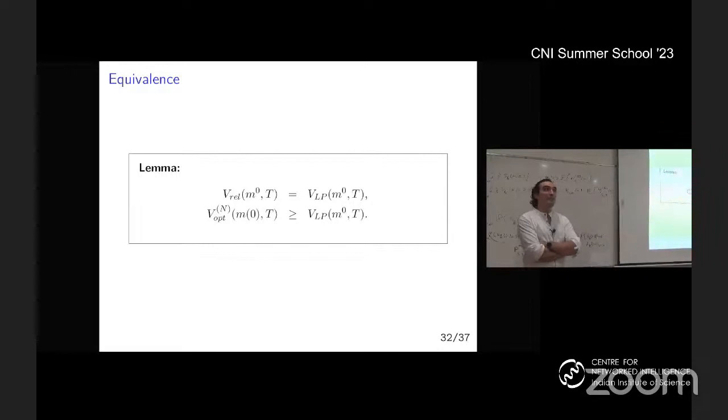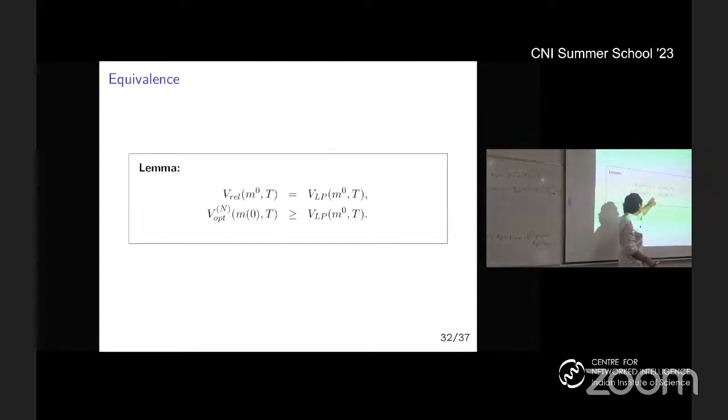Exactly. So basically, you optimize in a bigger set, and therefore you can have a better minimum, and therefore you naturally have V opt n, which is smaller than V real, right? And because V real is equal to V LP, you already have a lower bound for your n-armed bandit. Okay, really good.